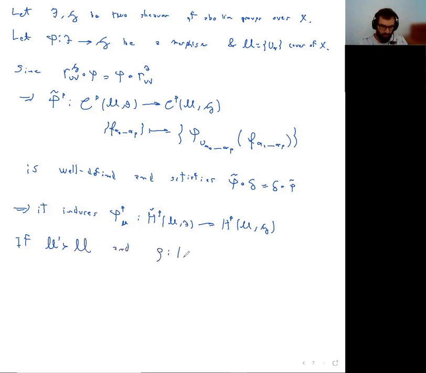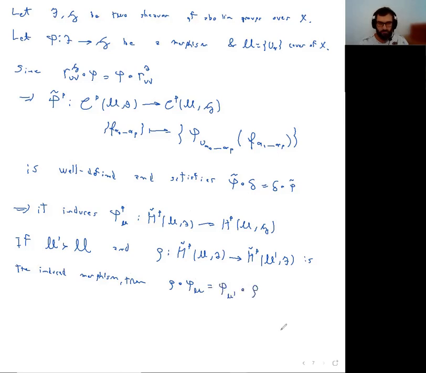Then we have the map rho, which we saw before, which is just a restriction. We said, without proving it, that this is independent of the map phi that you chose before, not this phi but the one from before. So let's say this is the induced morphism. Then rho composed with phi_U is the same as phi_U' composed with rho.